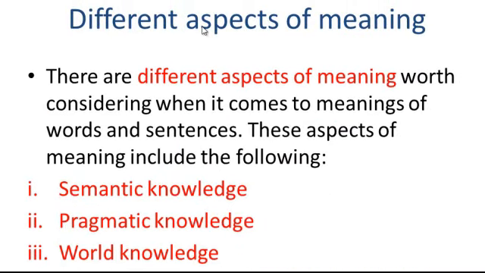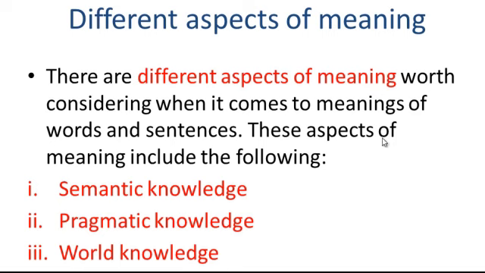So what we're trying to see here is that there are different aspects of meaning. For us to arrive at the meaning of a sentence, or maybe of a word, we need to consider other aspects of meaning. There are different aspects of meaning that we need to take into consideration for us to know exactly what people are talking about.